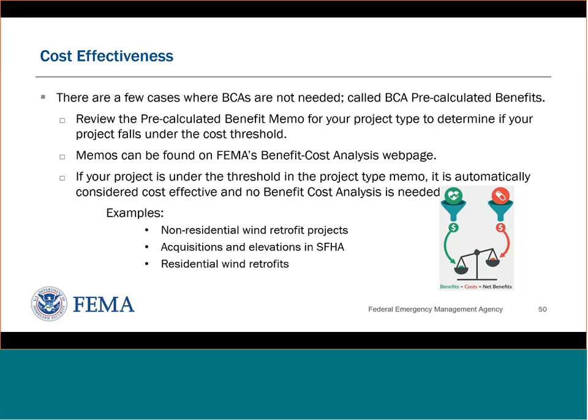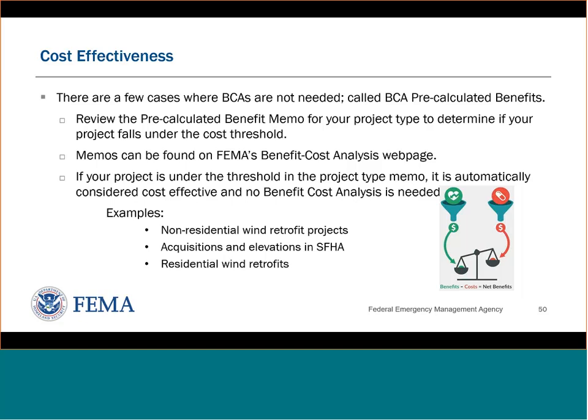Certain wildfire project types have pre-calculated benefits, and there's a brand new one that just came out, effective September 30th, and that's for hospital generators. So I would encourage you to go to the FEMA website and download a copy of the memos, because the numbers were just updated.